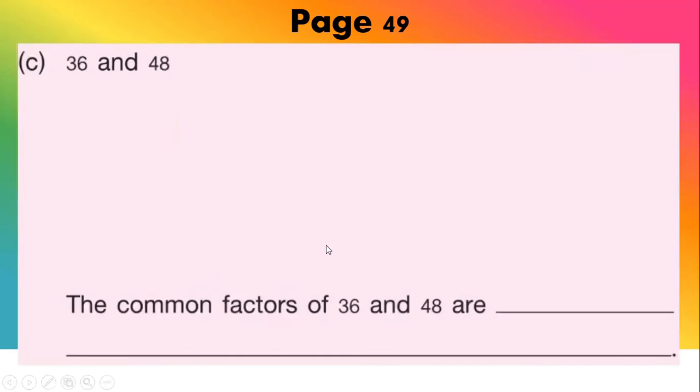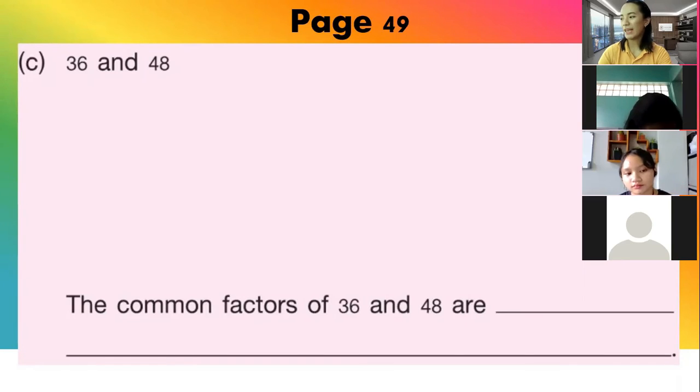So let's go to the next letter. 36 and 48. Can you give me the factors of 36? We have 1. What else? 2, 3, 4, 6, 9, 12, 18, and 36.